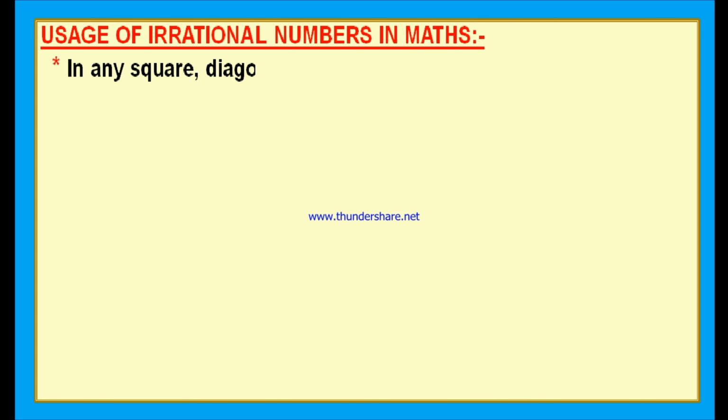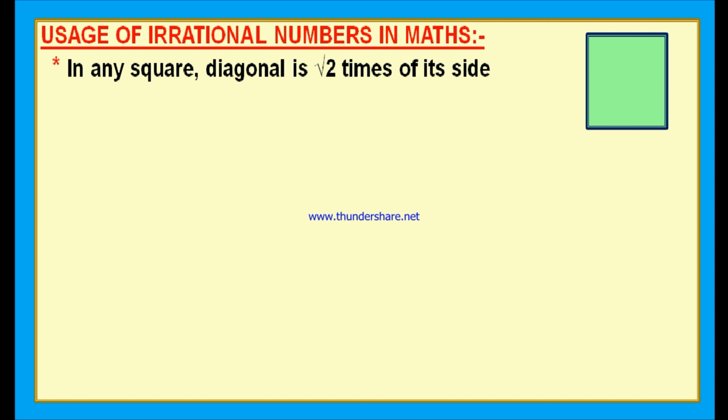The first point is, in any square, the diagonal is root 2 times its side. Now a square is a two-dimensional figure, you know that. A closed geometric figure formed by 4 sides, where all 4 sides are equal and each angle is equal to 90 degrees, is called a square.